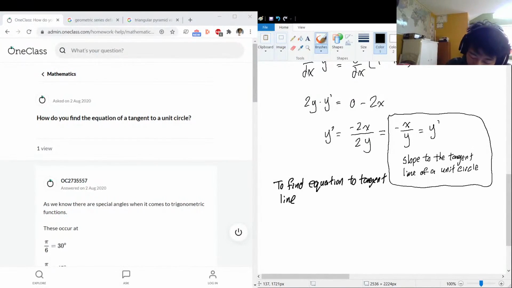So we know that a line equation is y equals mx plus b. And we're typically going to want to solve for b. So let's isolate b by doing y minus mx is equal to b.